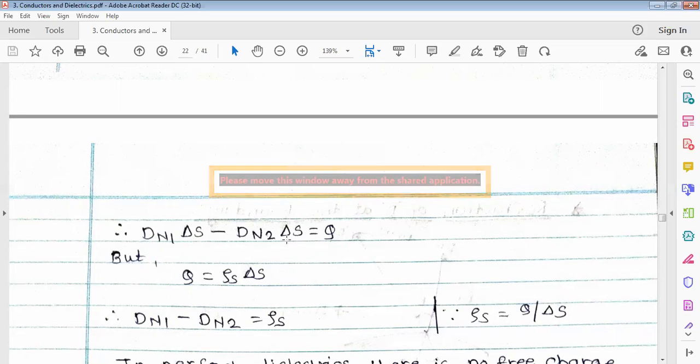So we can write this as rho s into delta s. Now delta s is taken common from the left hand side, and for the right hand side it is also present, so we can write this as dn1 minus dn2 is equal to rho s. This delta s and delta s from both sides get cancelled here.